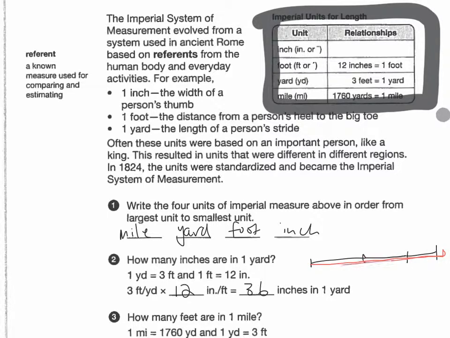Red is 1 yard, and then the black is feet. So there's a foot, and there's a foot, and then you need to divide it up even more, 12 inches per foot, and you would get 36 inches. Just a little drawing for you.